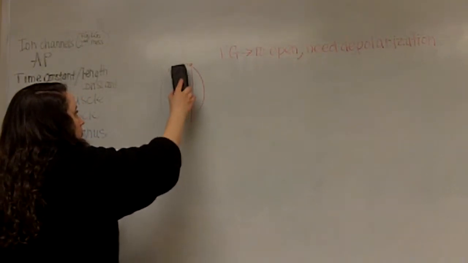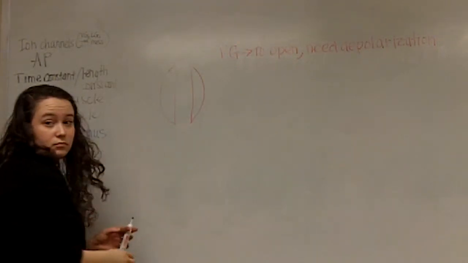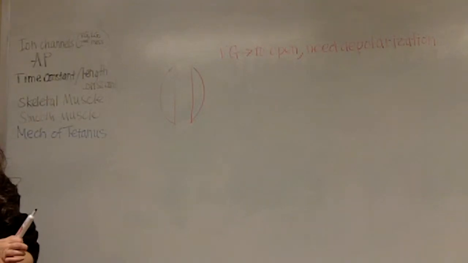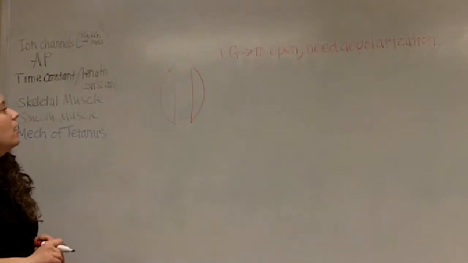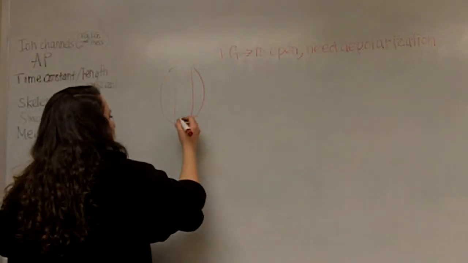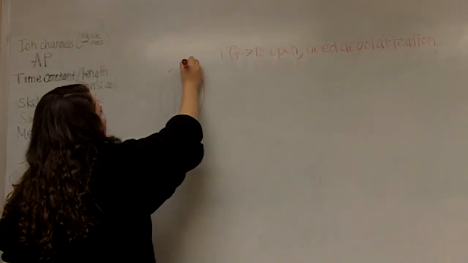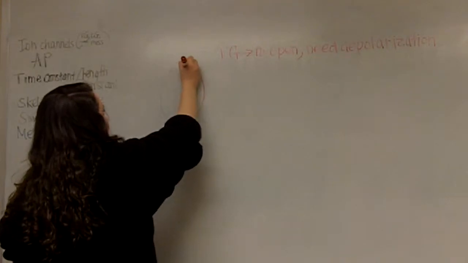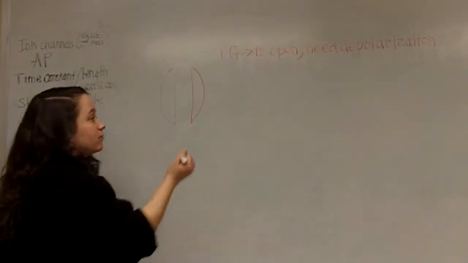Is one of them on this channel an activation gate and one of them an inactivation gate? Okay, let's say this is the activation gate. Your activation gate is going to be the one that opens when you depolarize.